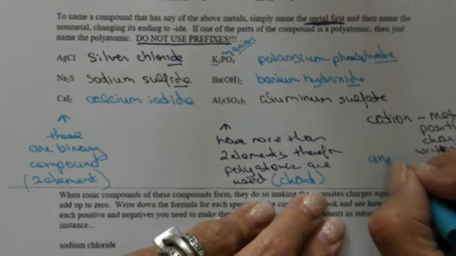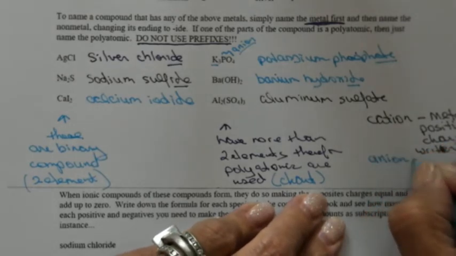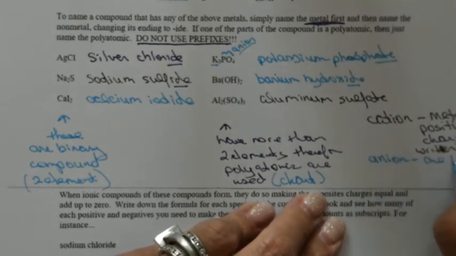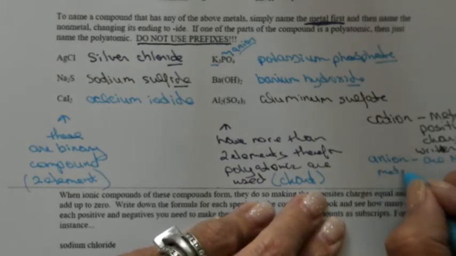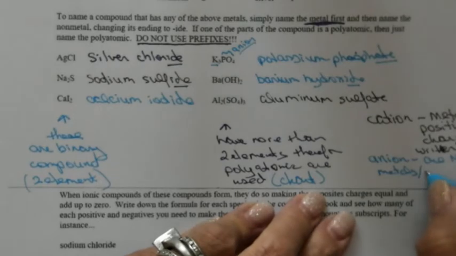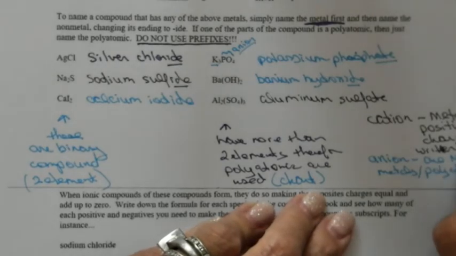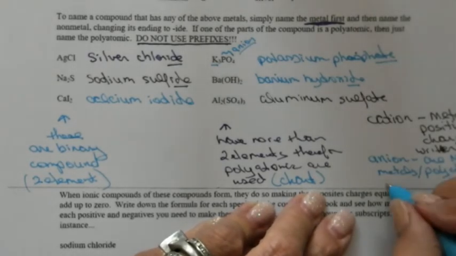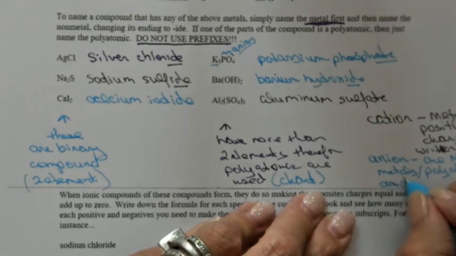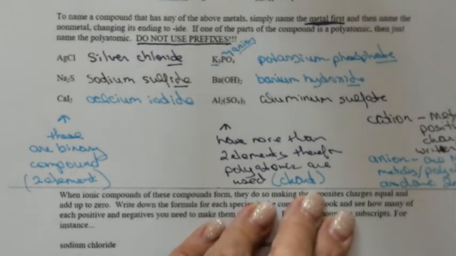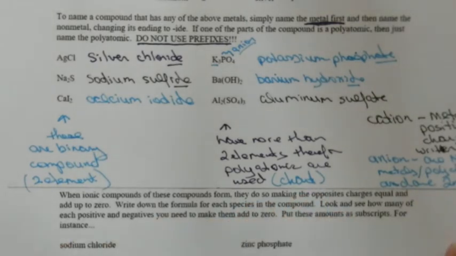Anions are non-metals or polyatomics, and are second. Okay. Now this was going from a chemical formula to a chemical name.